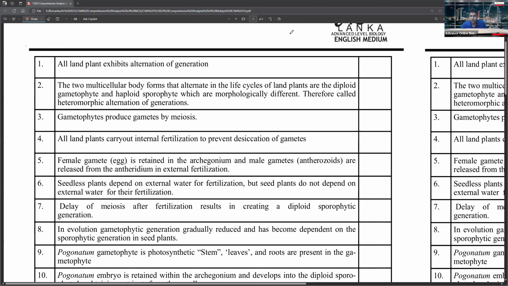Please mark. People, can you hear me clearly? Can you hear me? At least answer that. Yes, okay, good. Then can you mark on this paper? You can annotate.